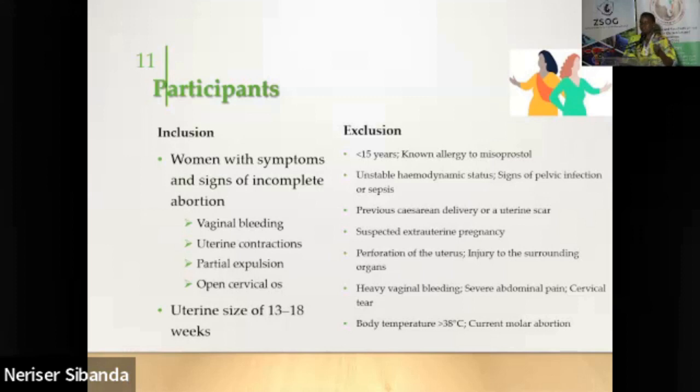So for example, if someone had sepsis, or they were hemodynamically unstable in terms of the vital signs, or maybe they had heavy vaginal bleeding or severe abdominal pain. Those ones you cannot treat with misoprostol, they would need a surgical evacuation. And then we excluded women who are allergic to misoprostol, because we mainly use the drug misoprostol. And then women who had other forms of abortion, like a molar abortion, or maybe a suspected extrauterine pregnancy, because the management was different.